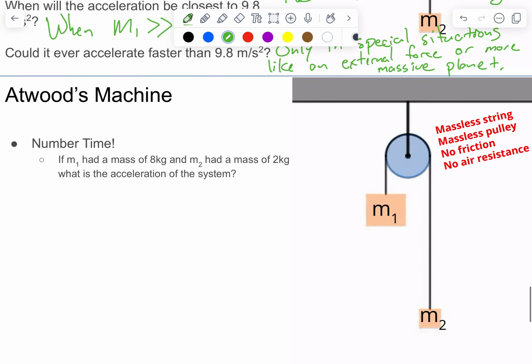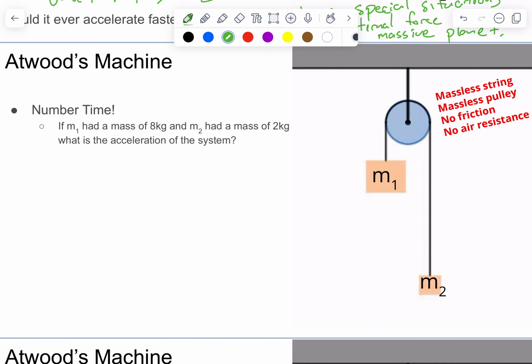Number time. Oh boy, numbers. Here we go. Okay. If I had mass 1 at 8 kilograms and m2 at a mass of 2 kilograms, what's the acceleration of the system? All right, well, mass 1 is equal to 8 kg, and mass 2 is equal to 2 kg. Okay, so if I drew my free body diagram again, I'm going to do a pro-level free body diagram, where I have Ft and I have Fg. Here, Fg is going to be equal to mg.